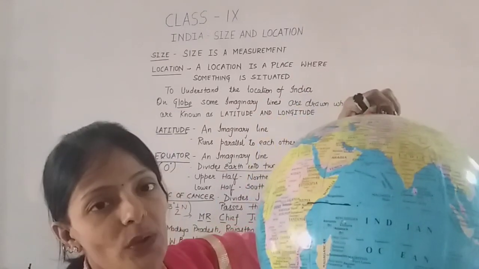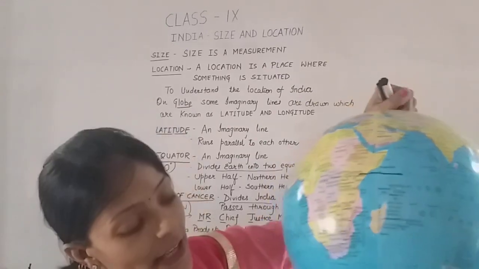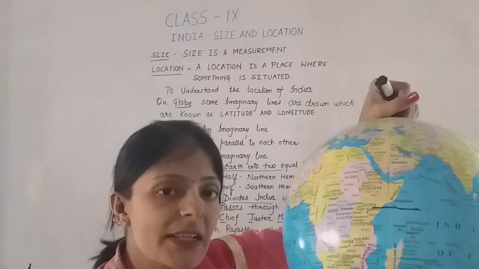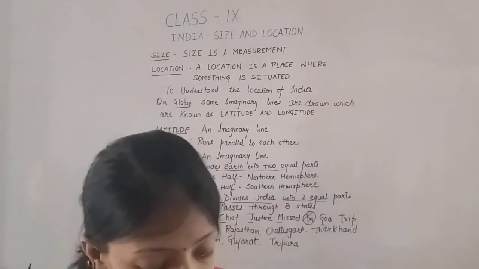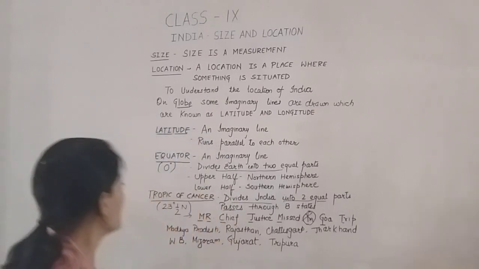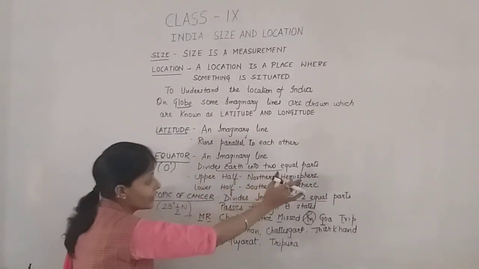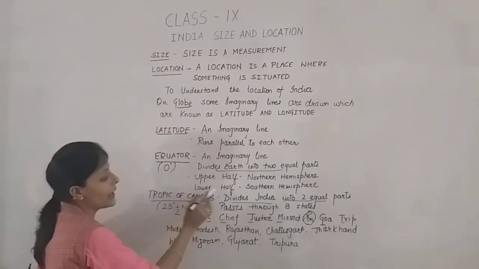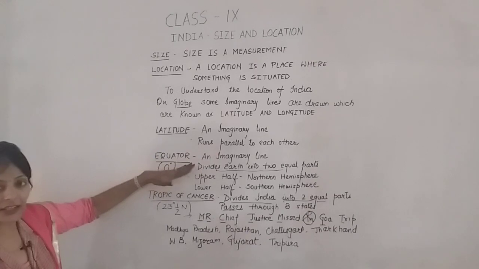Why is this part known as northern hemisphere? Because it's in north direction, whereas this part is southern hemisphere because it's in south direction. So equator's upper half is known as northern hemisphere, whereas lower half is known as southern hemisphere. I hope equator is clear to you.